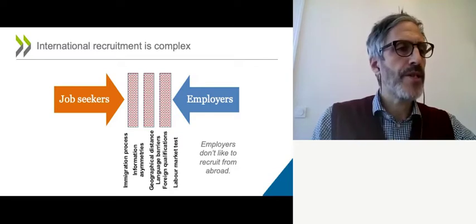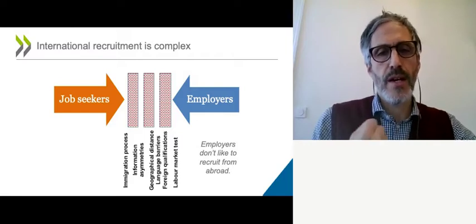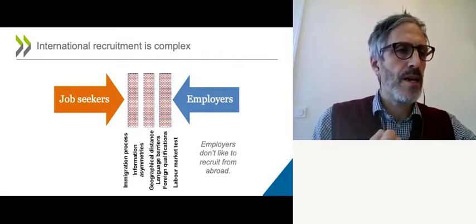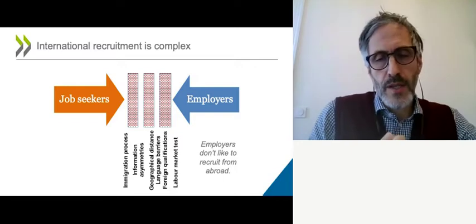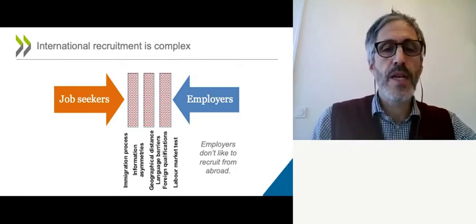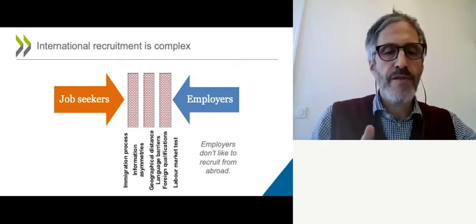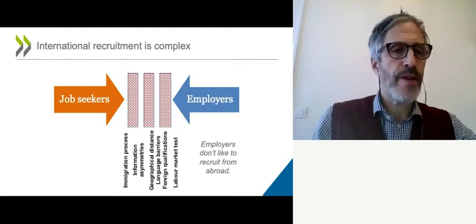There's a high risk. Employers have to invest quite a bit, in many cases, to bring a worker from abroad, and there's often no face-to-face meetings, so it's a very vulnerable recruitment. Unpredictable. There are cultural differences. Discrimination is a major factor.